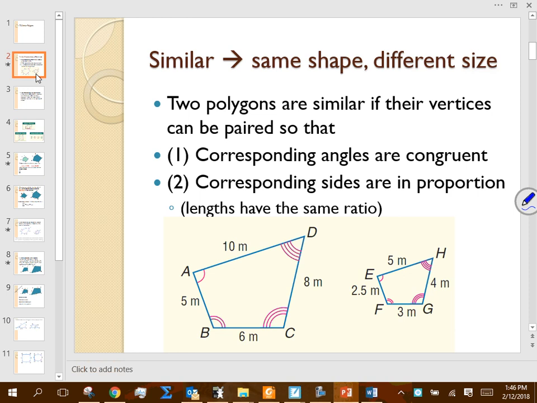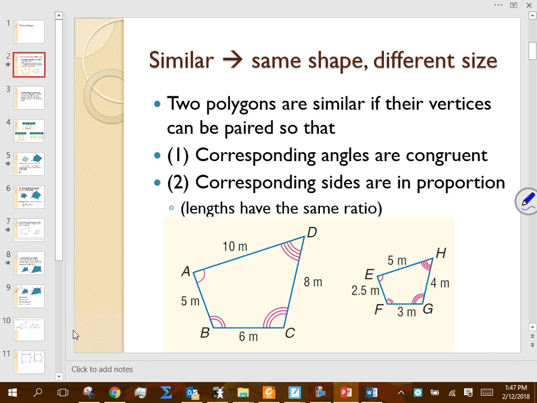They both have to be triangles, or they both have to be quadrilaterals, or they both have to be pentagons, or something like that. And then they have to have different sizes. If it was the same shape and the same size, that's the definition we talked about for congruency, right? So now we change that component of size, and we're going to then have similarity.